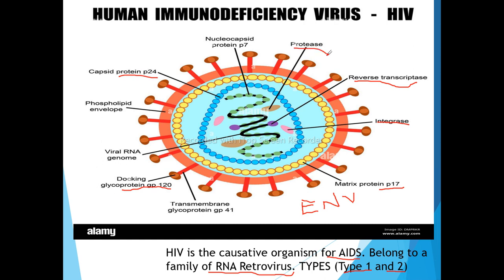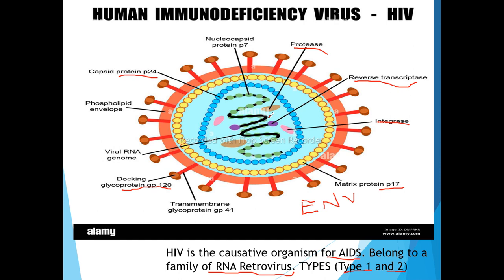These are the enzymes found inside the capsid, as well as the two identical copies of RNA. The three enzymes are produced by the gene which is called the pol gene.